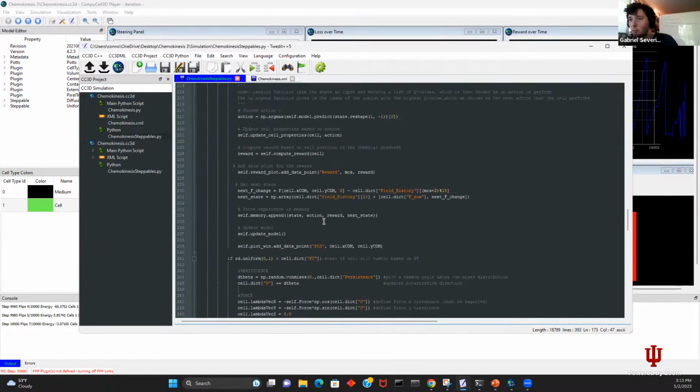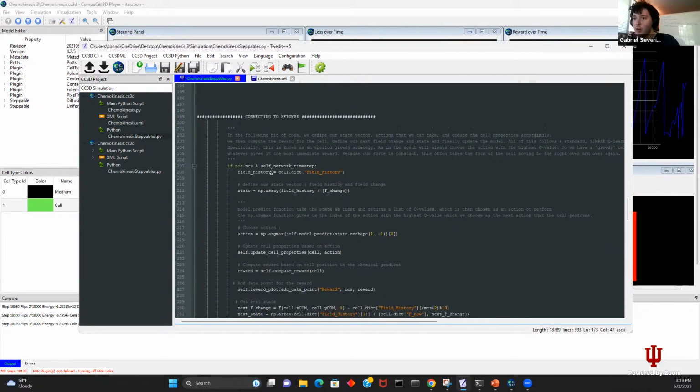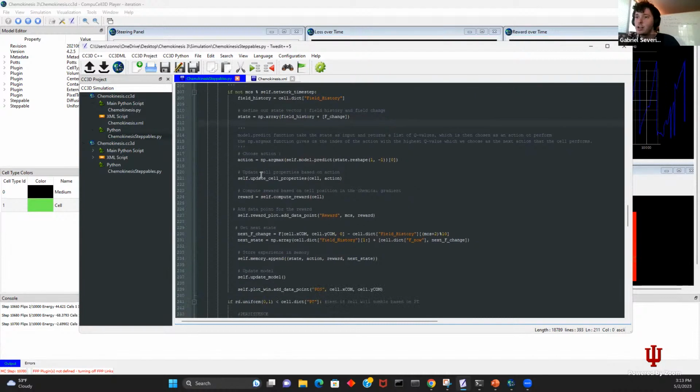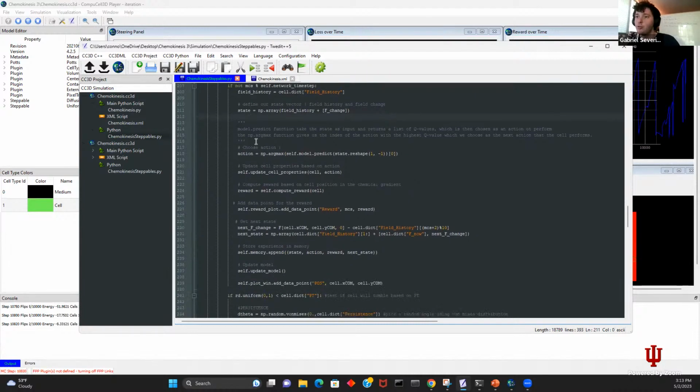Yeah, so then we can go up here. This is set to 20 MCS right now so that it runs in a reasonable amount of time. But this is exactly that very computer-science-y function that I showed you before, happening right here. We have the state, which is defined as the field history and field change. We have an action, which is the self.predict of the state, and then we argmax that.